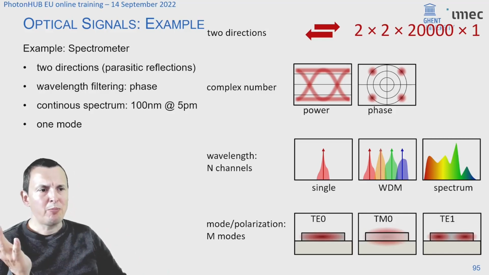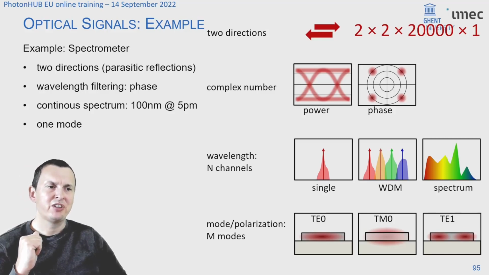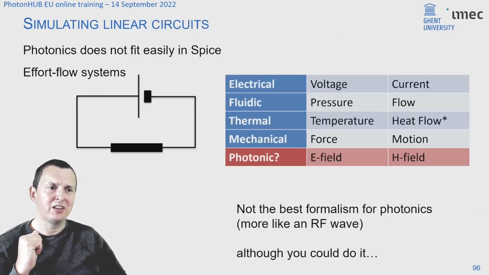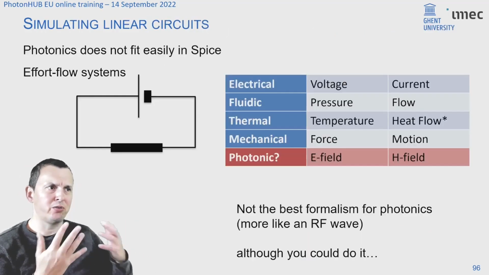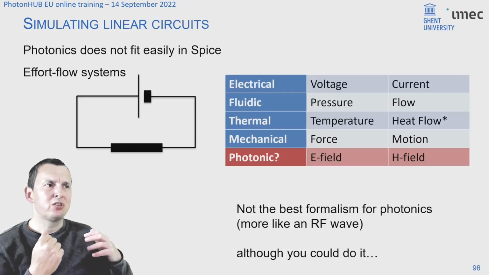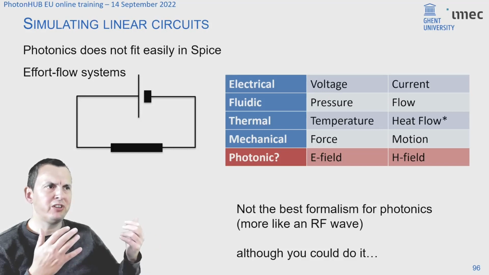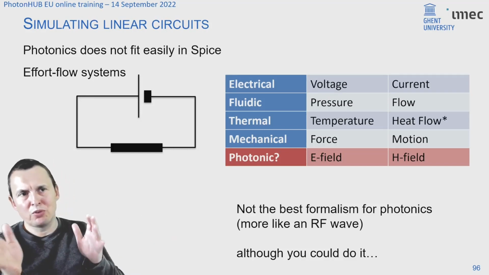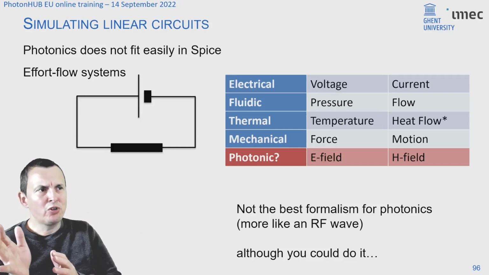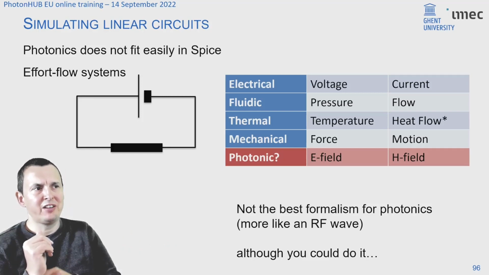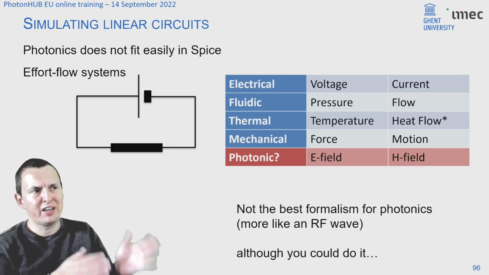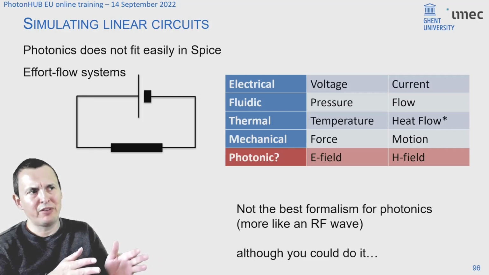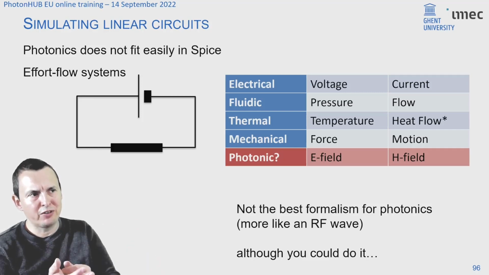Some people try to do photonic circuit simulations in an electronic circuit simulation tool, like SPICE. And you could argue that it's possible, because while electrical signals are described by voltage and current, and you can apply that kind of formalism to other fields, in principle you could apply it to photonics by saying that your voltage corresponds to the electrical field component in your waveguide and your current to your magnetic field component.